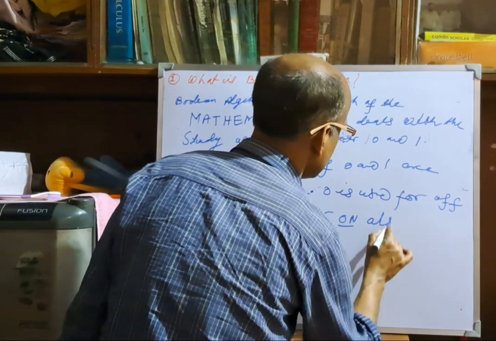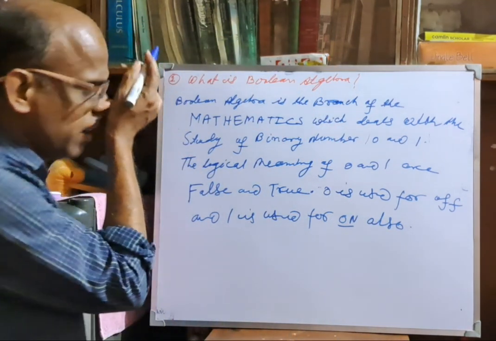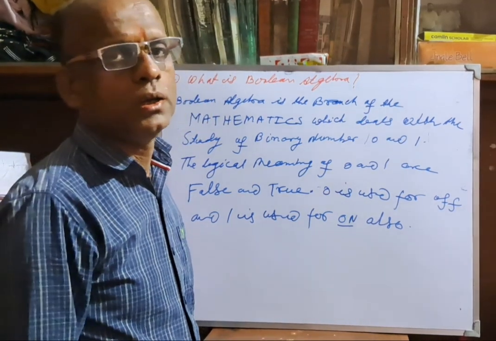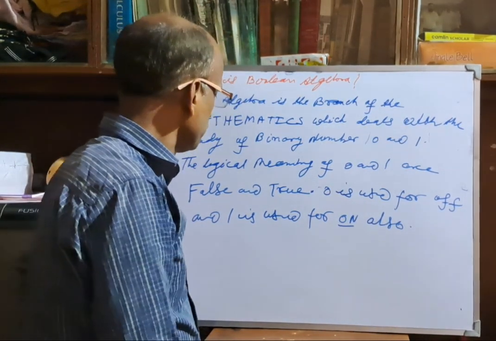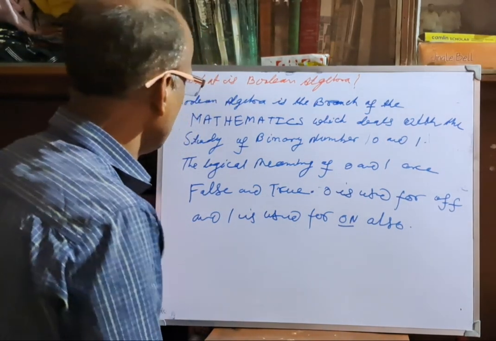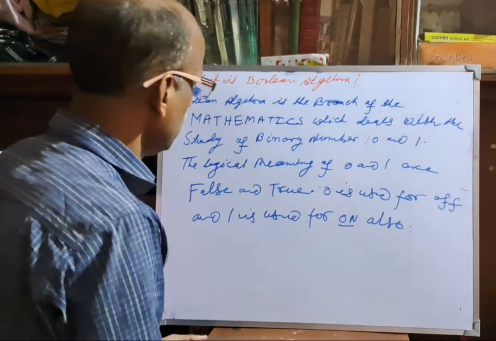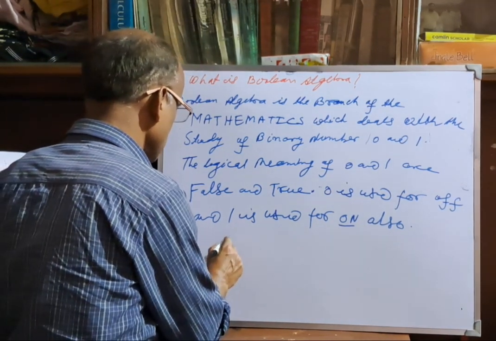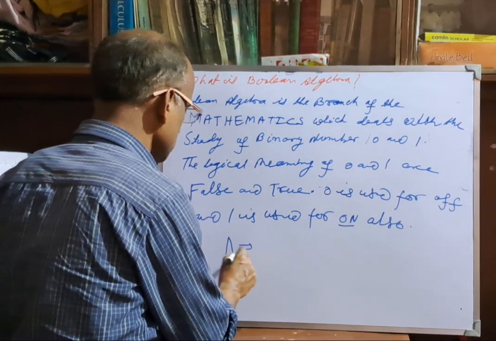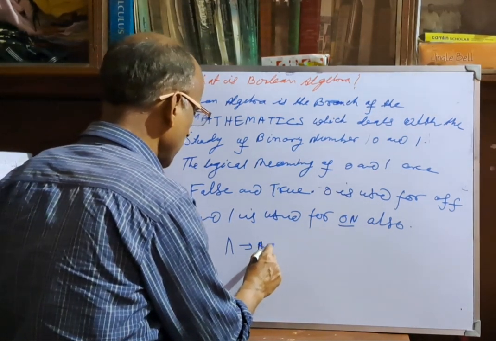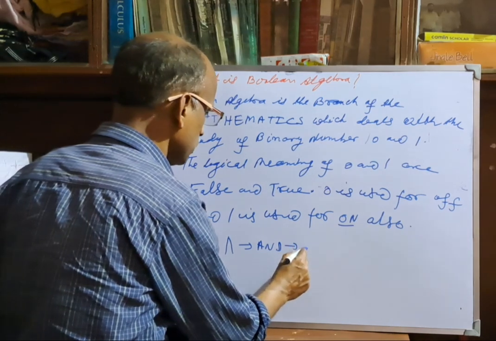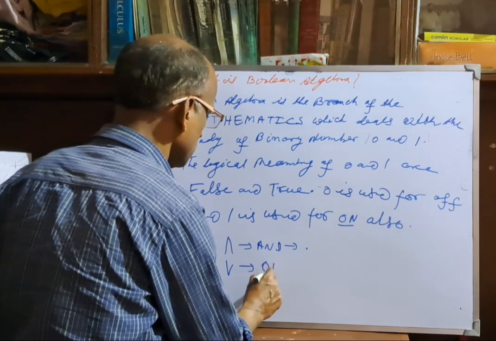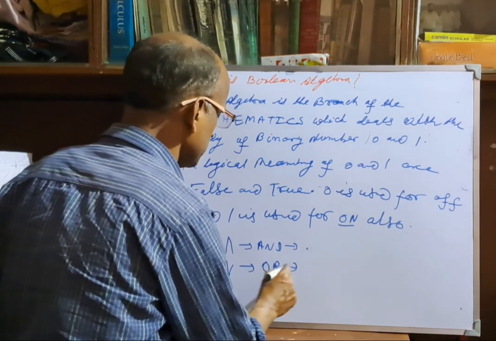Initially he used propositional logic to develop the circuit. Is that clear? AND is also represented by a dot. OR is also represented by plus.